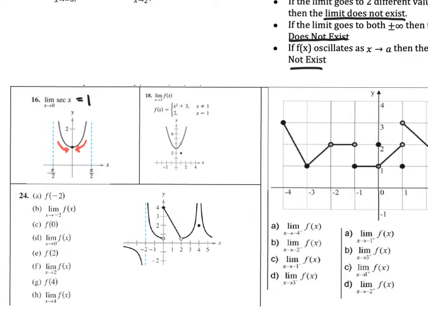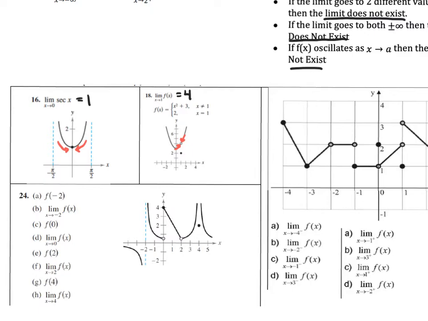For the next example, we're going to look to see, again, as x approaches 1, from the left, from the right, those y values are approaching the same number, which is 4. So our limit is equal to 4, even though f of 1 is equal to 2. The limit is what the function y values are approaching.